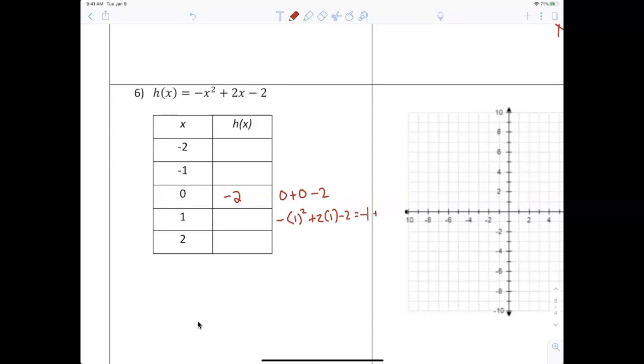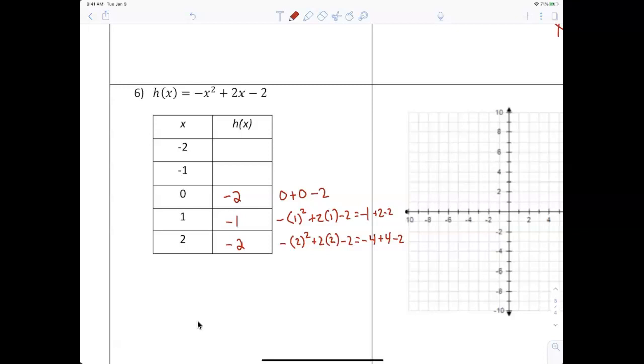Then it'd be plus 2 minus 2, which is negative 1. Then negative 2 squared plus 2 times 2 minus 2 is negative 4 plus 4 minus 2. So again, that's negative 2.